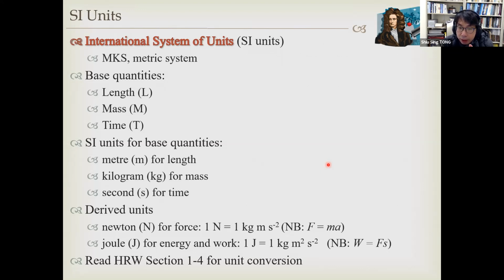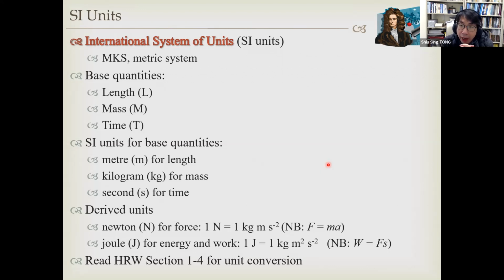The unit of mass is kilogram, and the unit of acceleration is meter per second squared. So the unit of force in SI should be the unit of mass multiplied by the unit of acceleration. That gives kilogram meter per second squared, and we define 1 Newton as 1 kilogram meter per second squared. So Newton is derived from the 3 base units: kilogram, meter, and second.